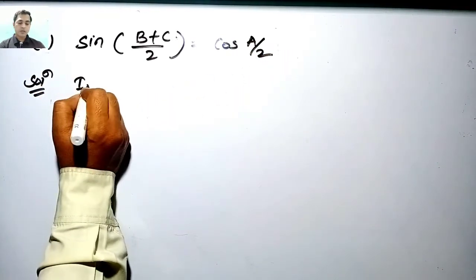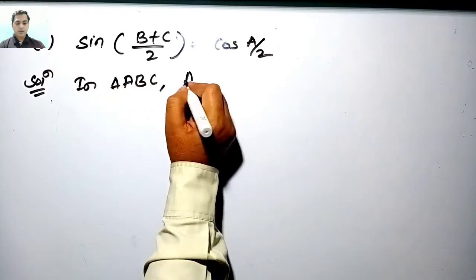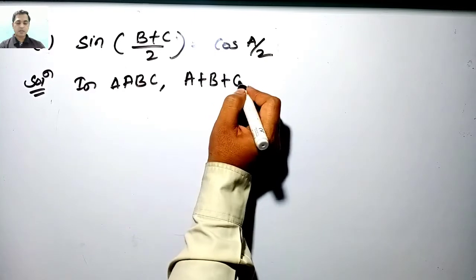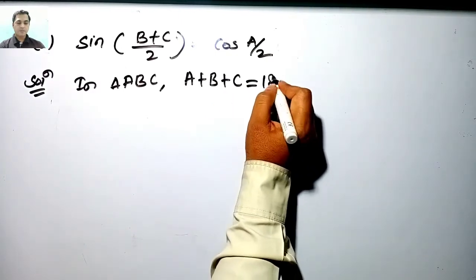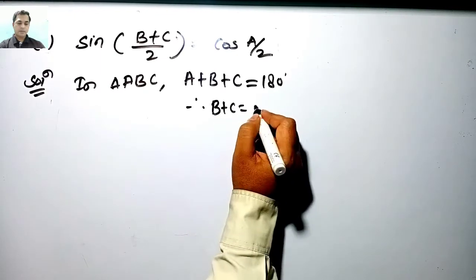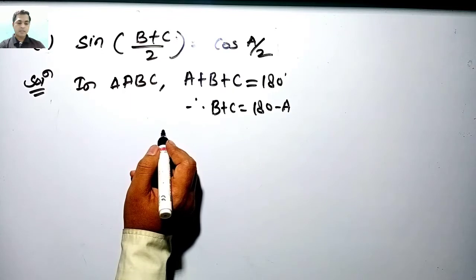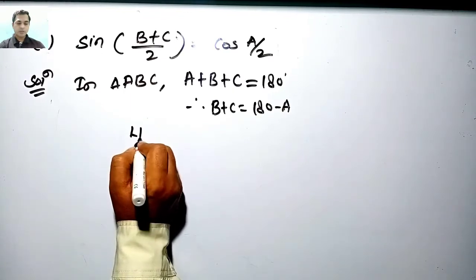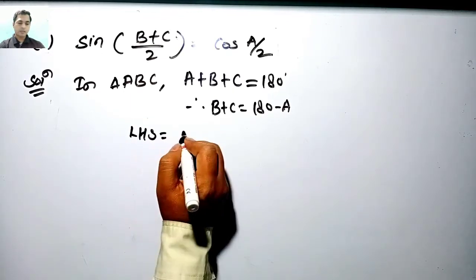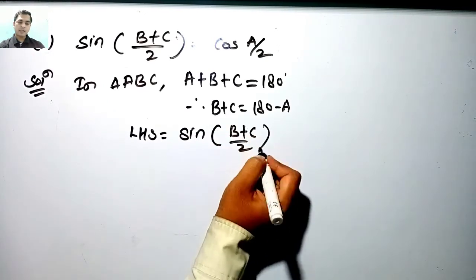So students, we know that in triangle ABC the sum of all the angles is 180 degrees. So angle A plus angle B plus angle C will be 180 degrees. So what will be the value of B plus C? 180 degrees minus A. So considering the LHS term over here, the LHS is equal to sin((B plus C) by 2).